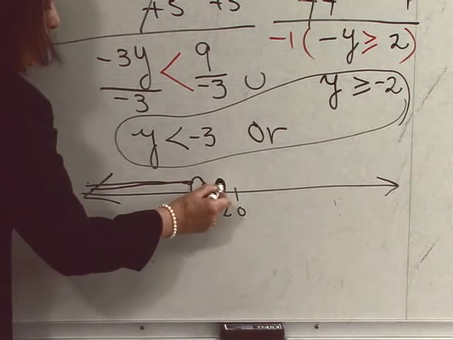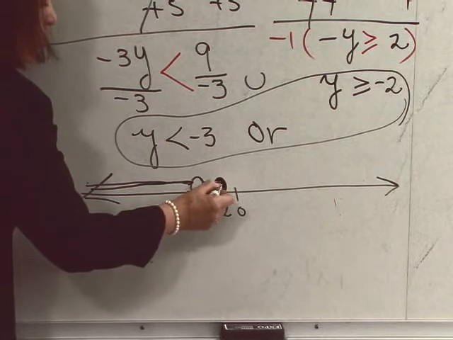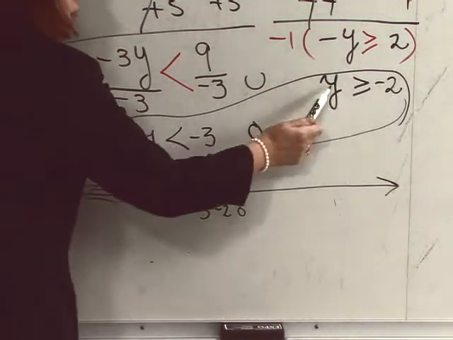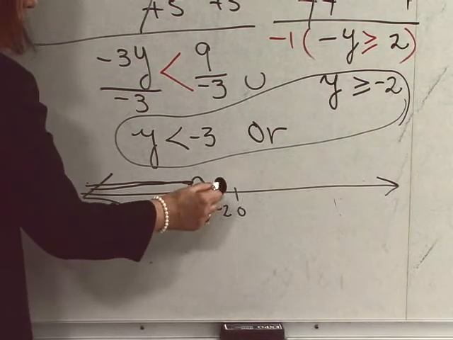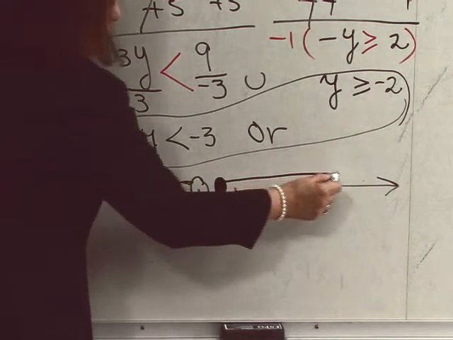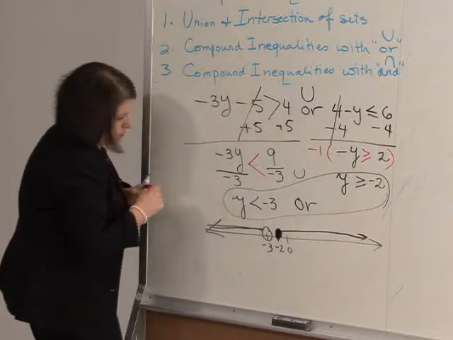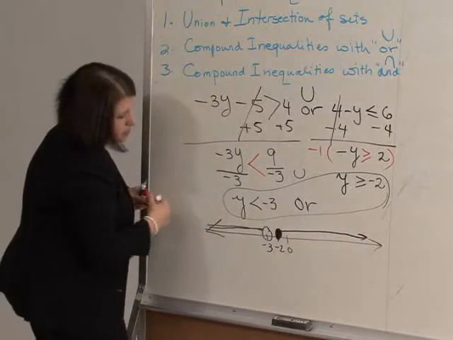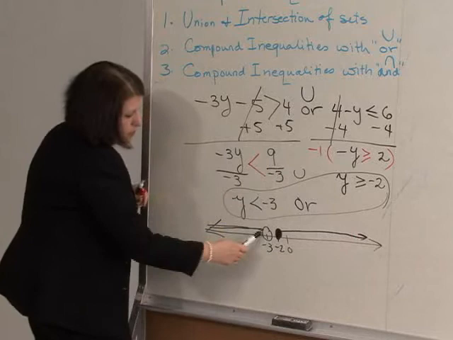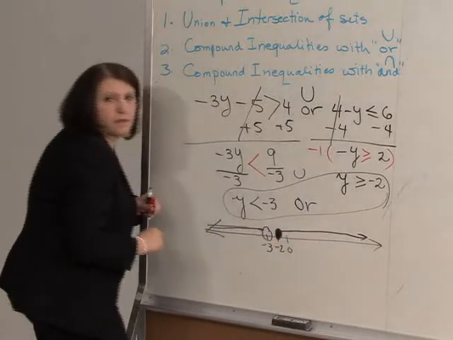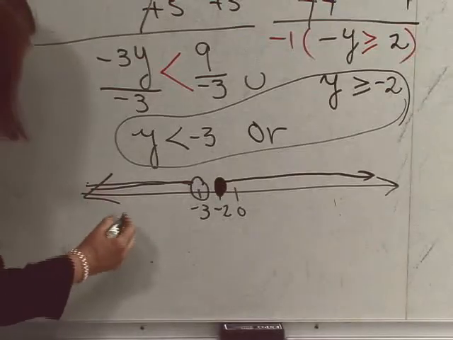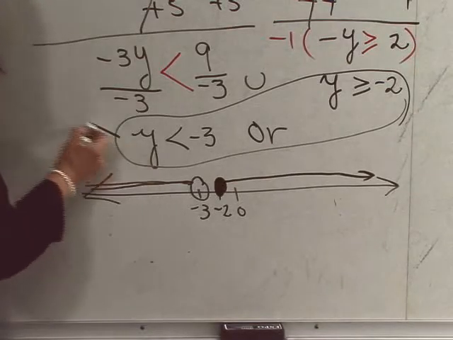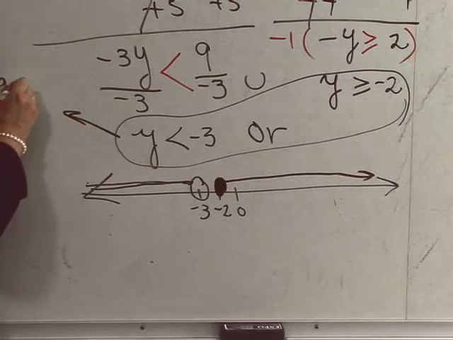Greater than or equal, that means you're going to shade that circle in to indicate that the y could be equal to negative 2, so the negative 2 is included. And it's going to be greater than. So I'm looking at the union. To take the union, I'm going to take everything that's shaded, because everything is included either in A or in B. So my solution, this is the algebraic solution.